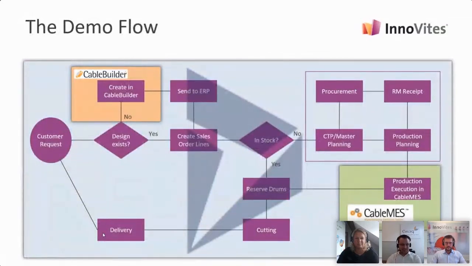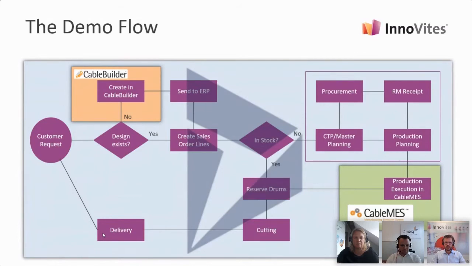So this is the journey of today. We'll start with a new cable design in Cable Builder, and then have a customer quote for this new design, and also for an existing design. Create a sales order out of it. Check if there's stock. If not, we will run the planning engine to create planned orders for us.